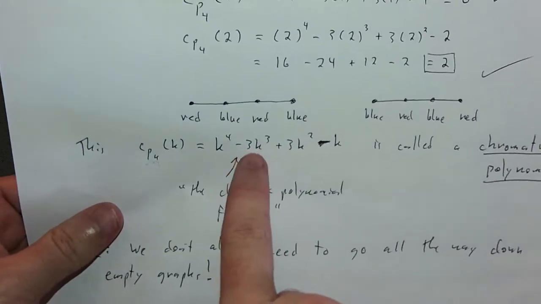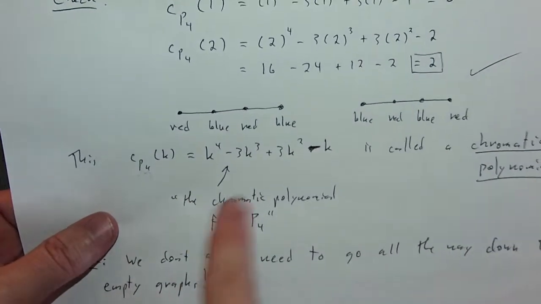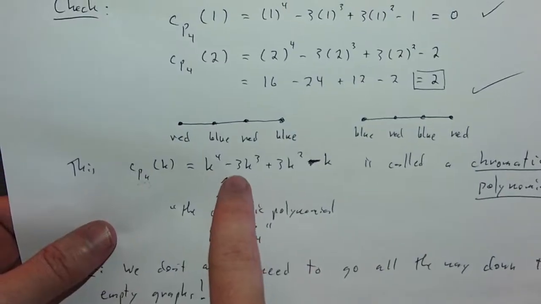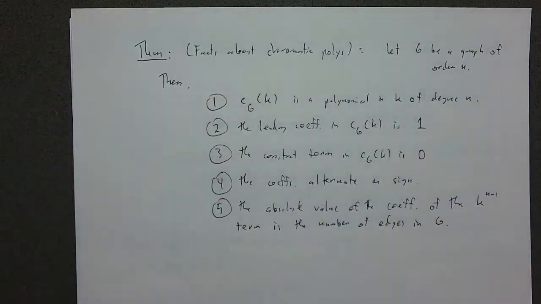Here is the k cubed term. That's the k to the n minus 1 term in this example. Its absolute value is 3. Are there 3 edges in P sub 4? Yes. Right, we started with 3 edges.